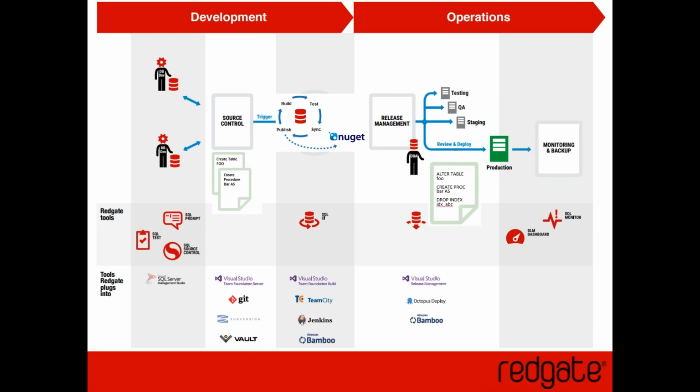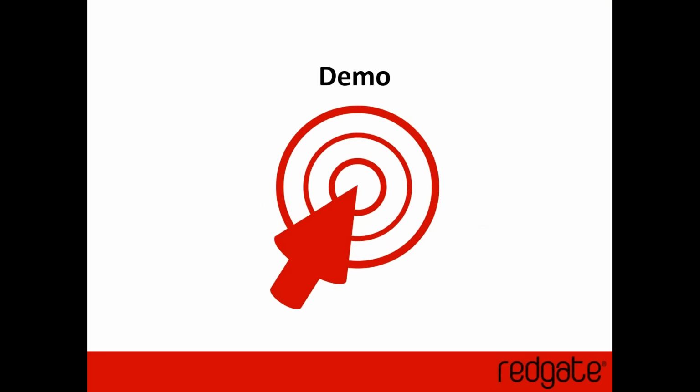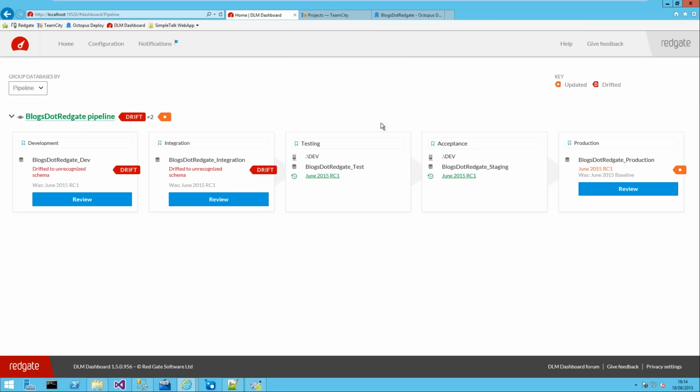At Redgate, we have DLM dashboard that helps you keep track of what version of your software is in which environment. We have SQL Monitor that looks at performance and hardware, but it can look at business processes as well. The whole idea is that we keep flowing through this cycle over and over and over again to get our changes through.